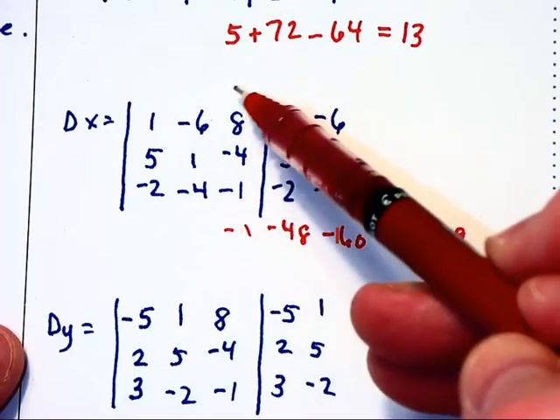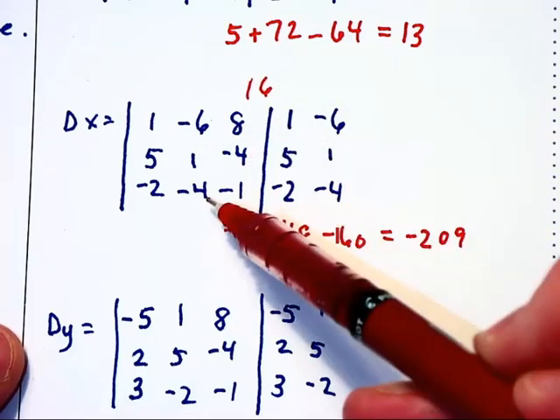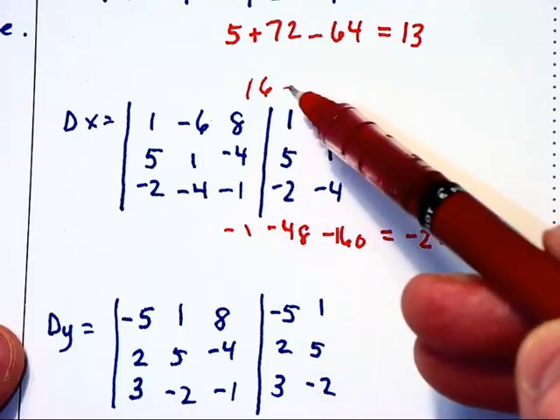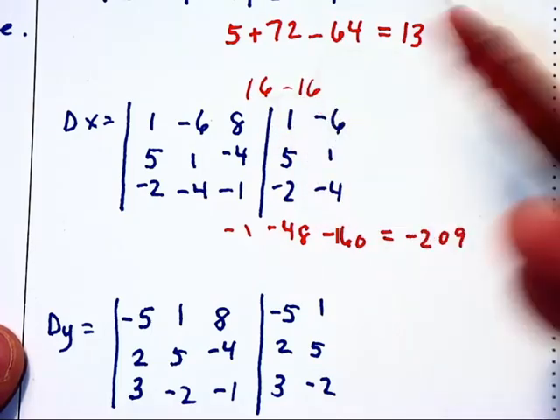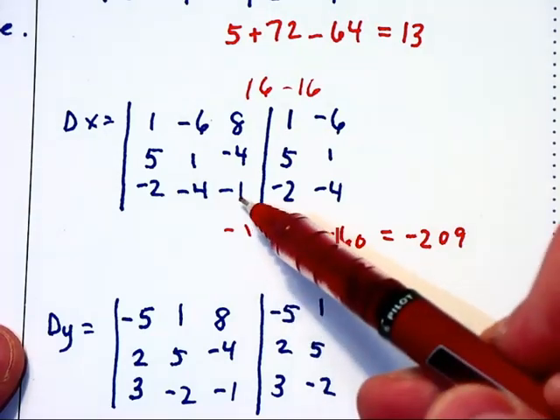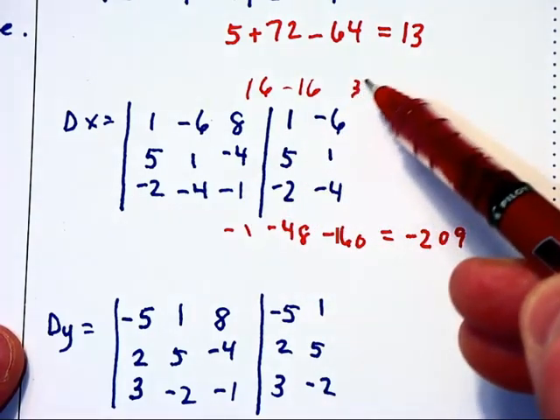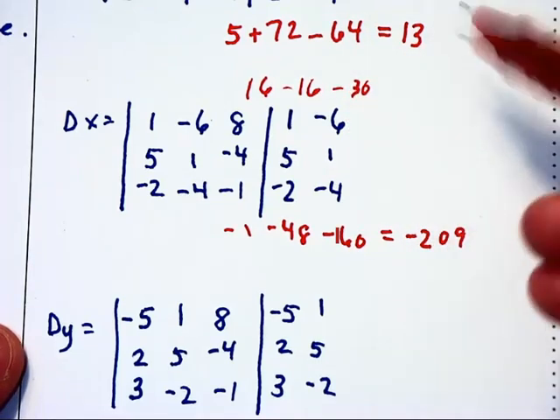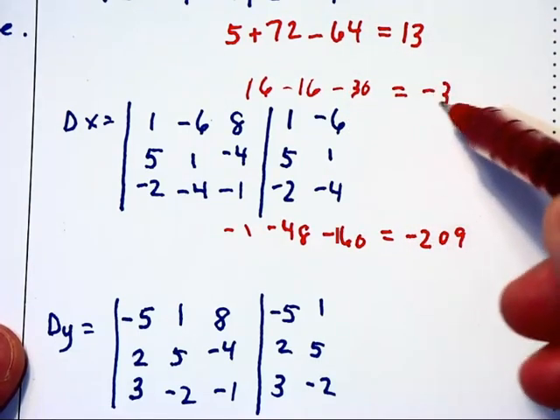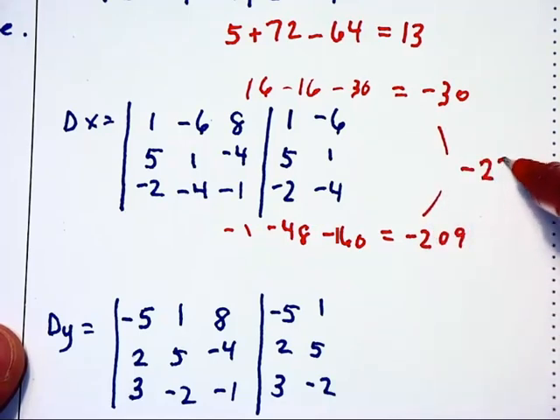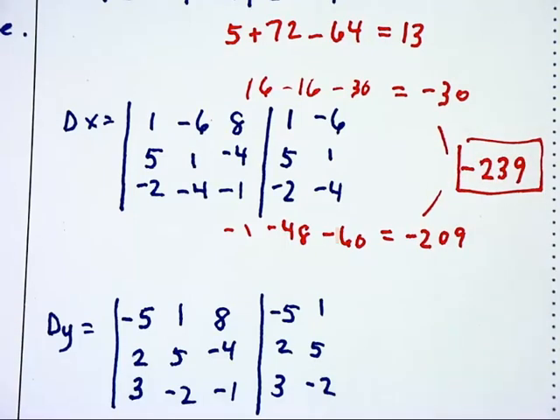I change that to a +16. -4 times -4 is 16 times 1 is 16. Change that to a -16, so those cancel out. And then finally, -1 times 5 times -6 is 30. Change that to a -30. And adding across the top, we have -30. Put the top and the bottom together, we have -239 right there.